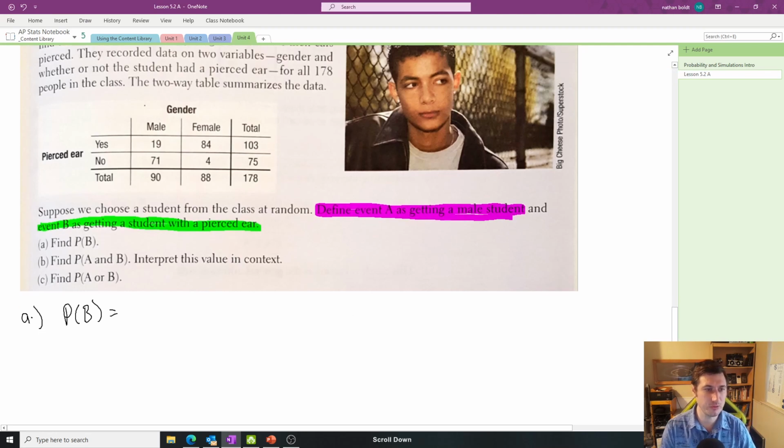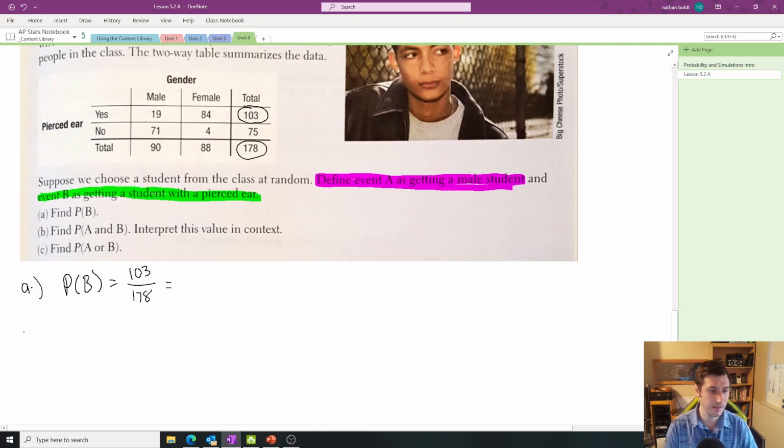So we just head over to our two-way table. Pierced ear, yes, that is a total of 103 people out of the entire total of 178. So that is 103 over 178. Whatever decimal that gives you, the decimal is not exactly that important, but just so you see, it's 103 over 178.